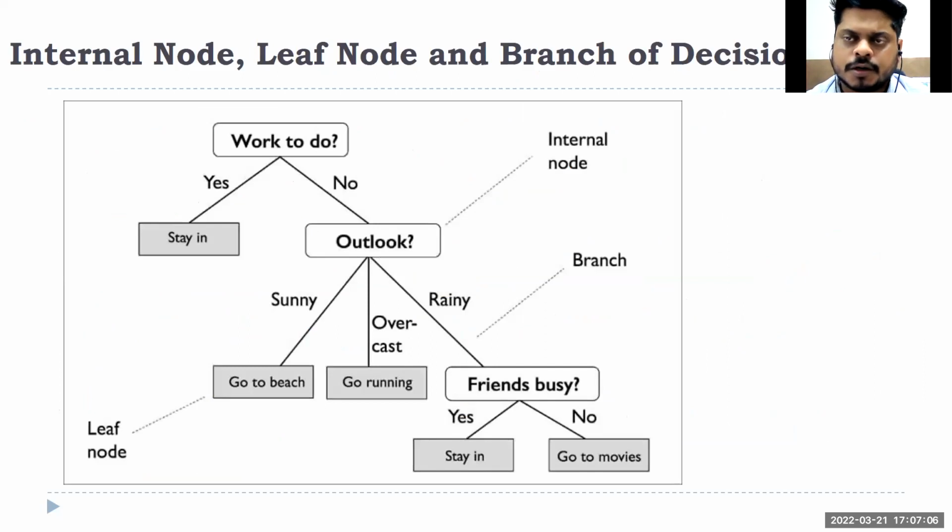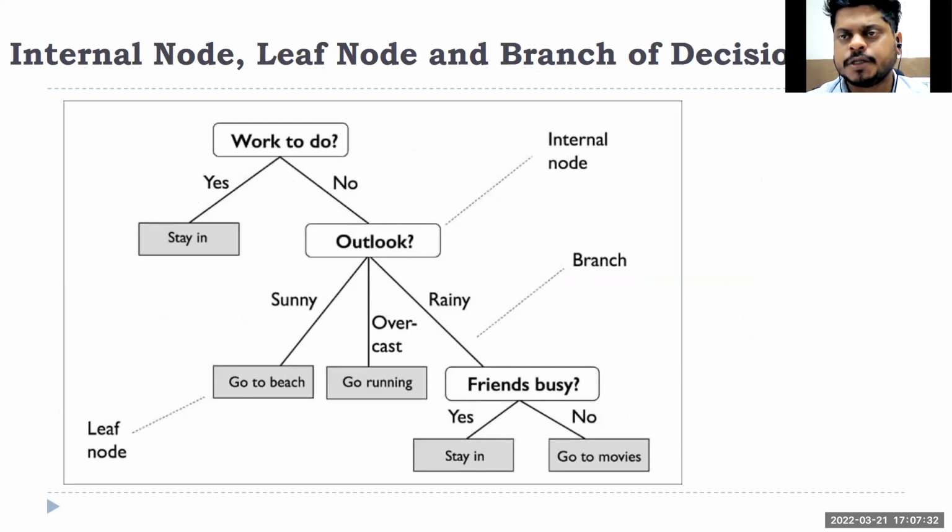So there are some parameters you have to remember. Any node which is at the end is like a leaf of a tree, a leaf node. Any node which creates those leaf nodes is known as an internal node. The line connecting an internal node to a leaf node is known as a branch. Think of it as an inverted tree.